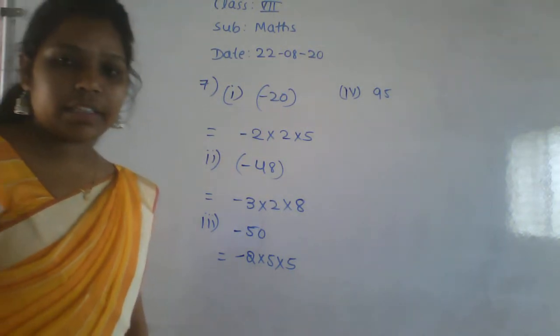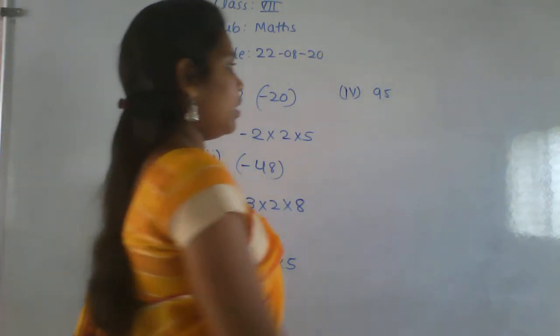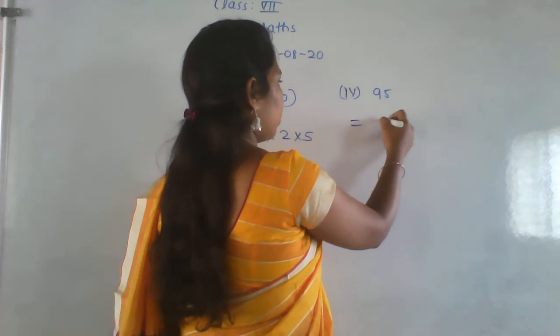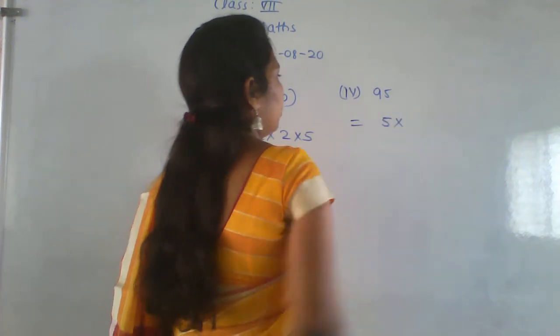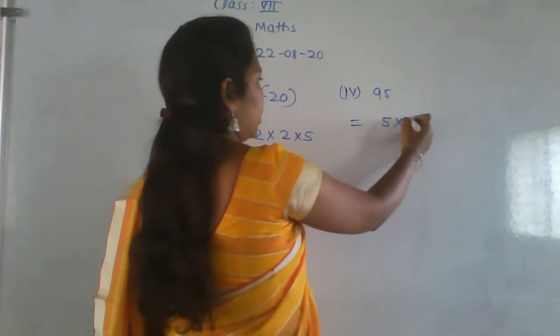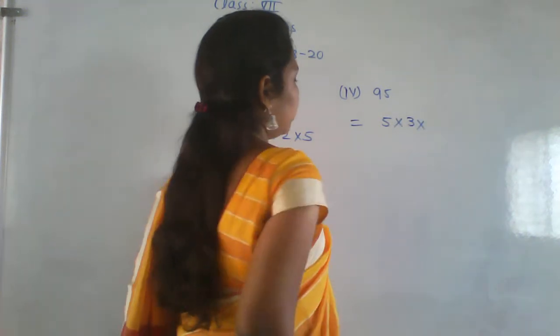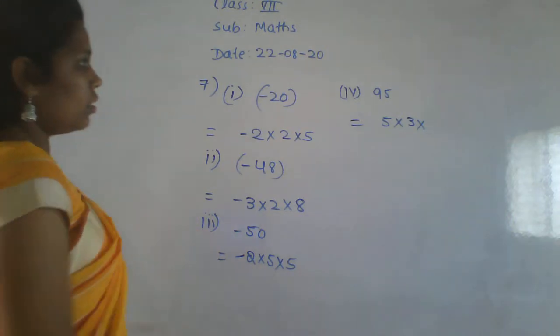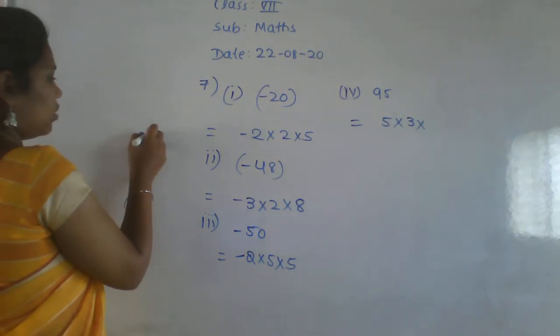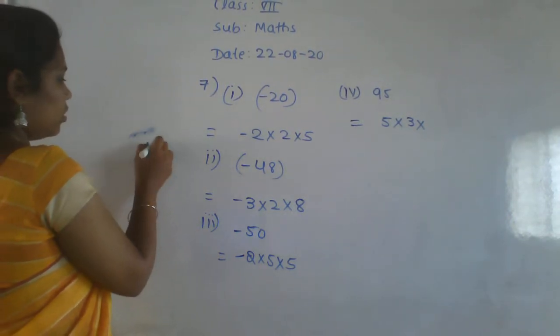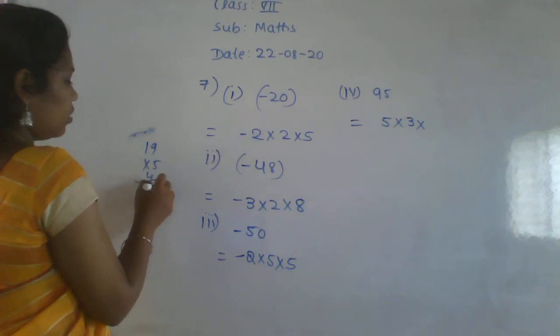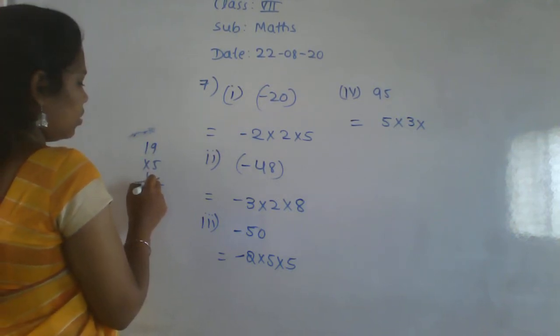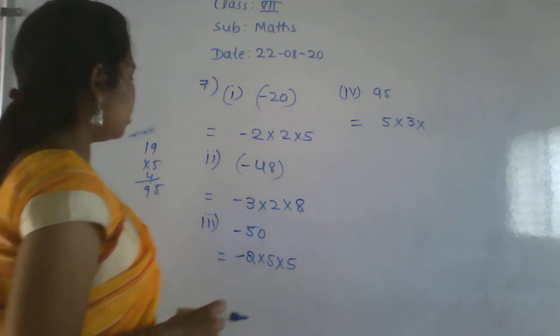Express this 95 as a product of three numbers, that is 5 into 19.